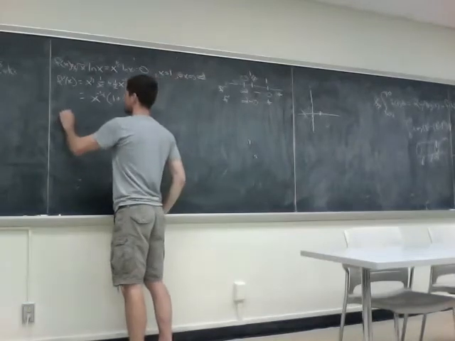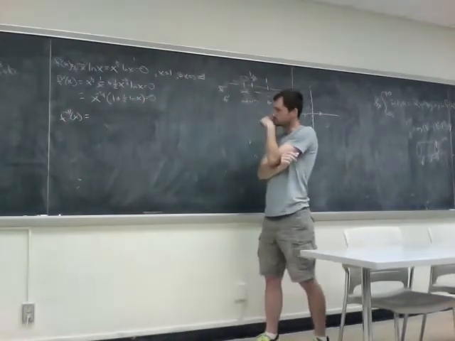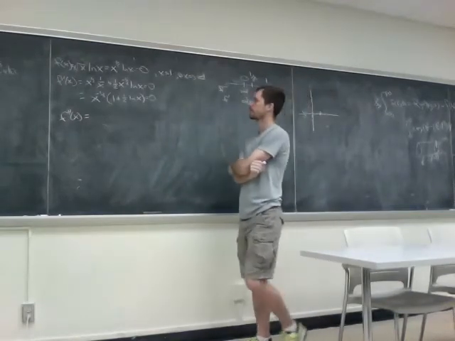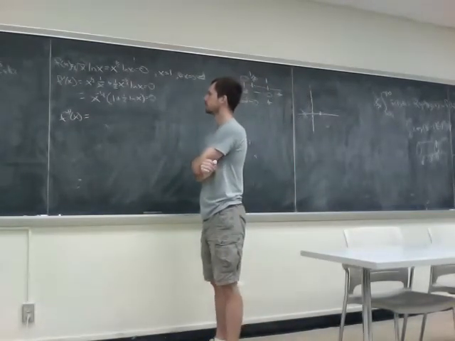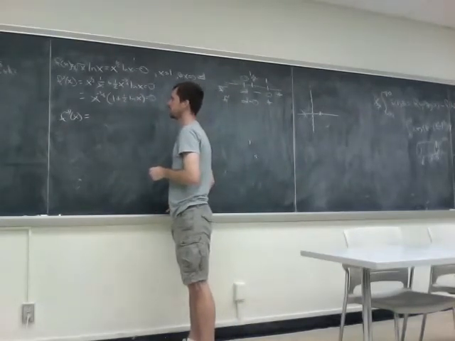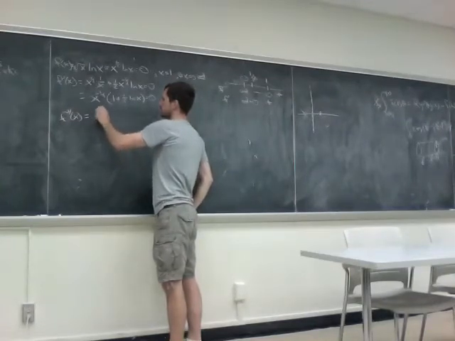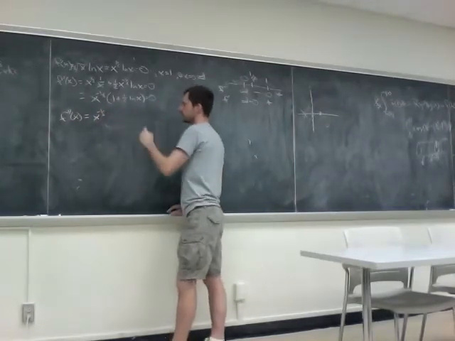Okay, so now we want f double prime. Let's do this product rule form again. So it's x to the negative 1/2 times the derivative of this.